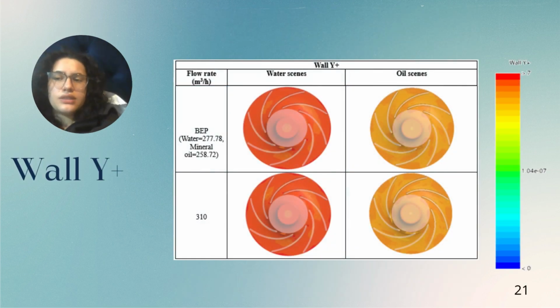In this figure, we can see that the Y Plus of the oil is lower than the one from the water. It is because of the difference of viscosity. Oil has a greater viscosity that provokes the boundary layer to be thinner. It means that a shorter distance from the wall is required for the viscosity effect to be significant compared to water.